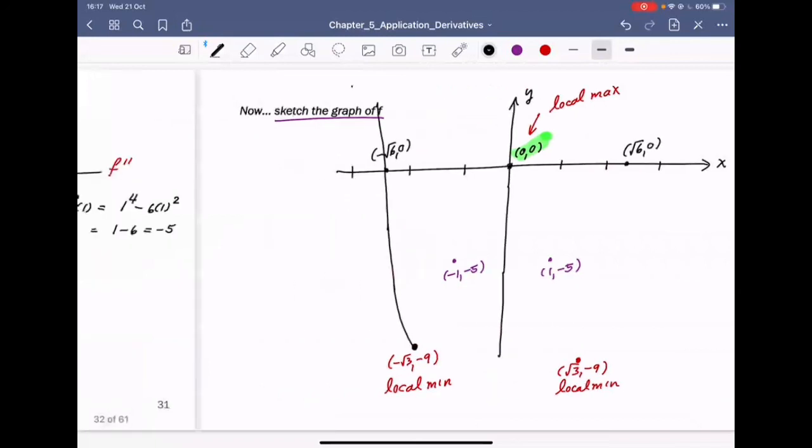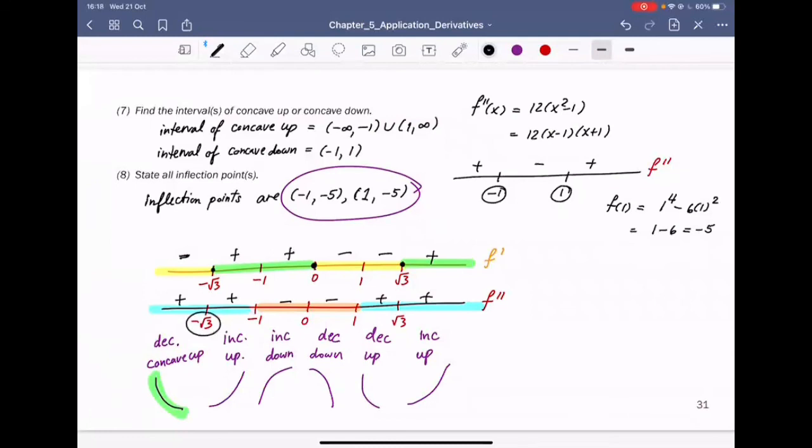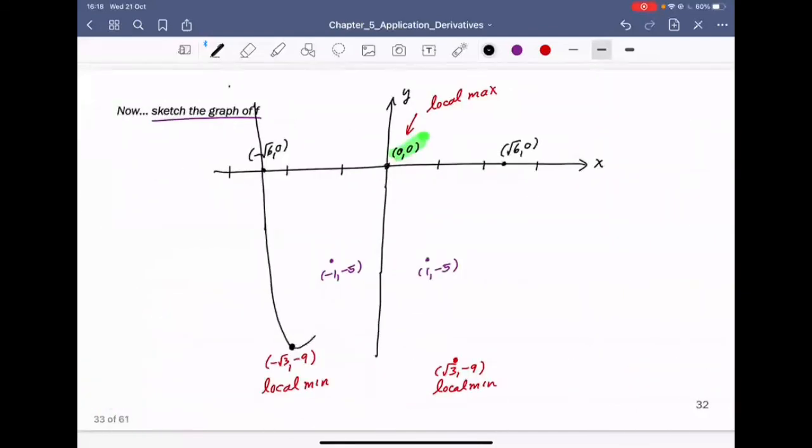The next one, from negative square root 3 to -1, must be increasing and concave up. Okay, increasing, concave up. A lot easier like that.